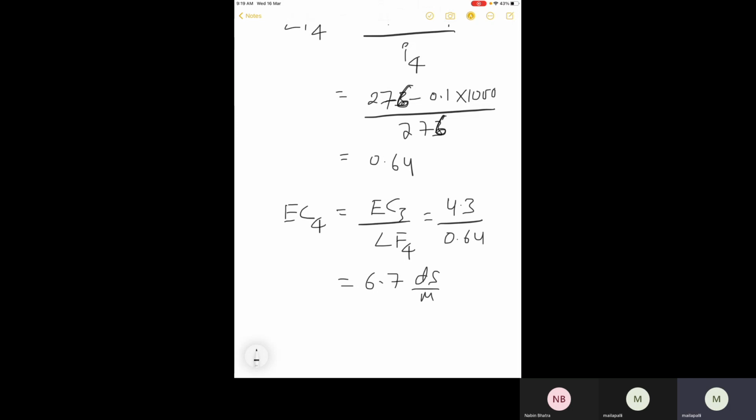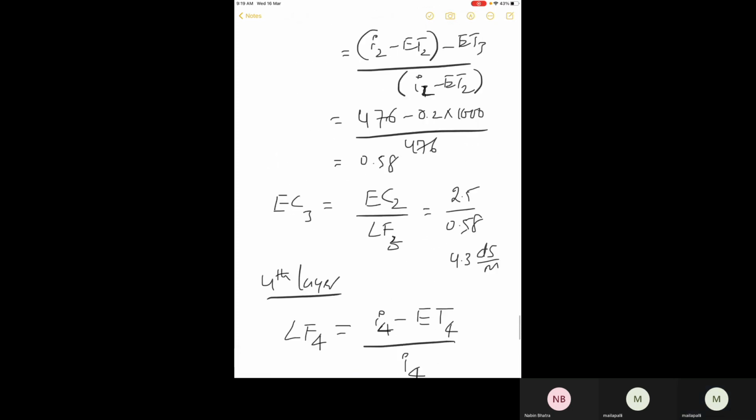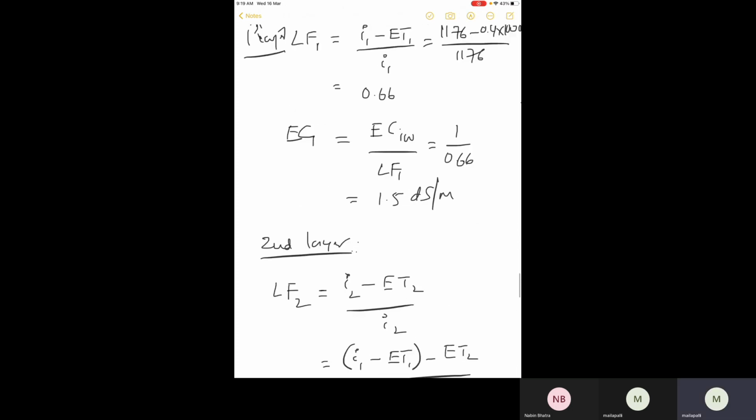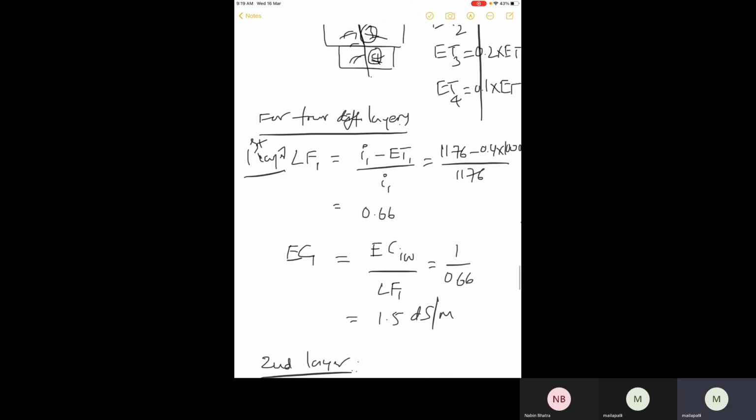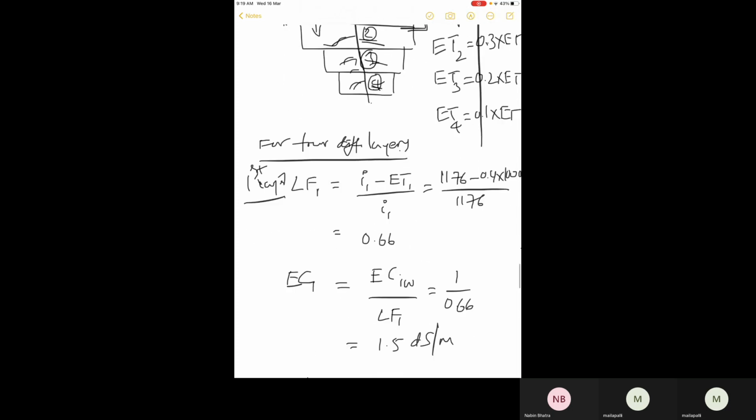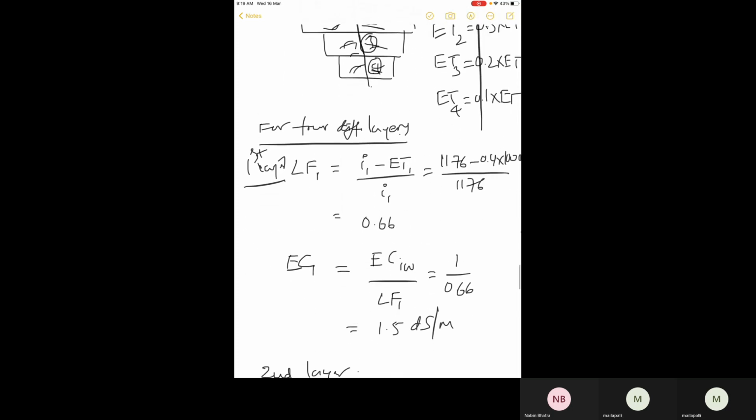If you observe these two quantities, you see this 6.7 deci per meter at the last layer, and if you see the entire root zone as one layer, right?